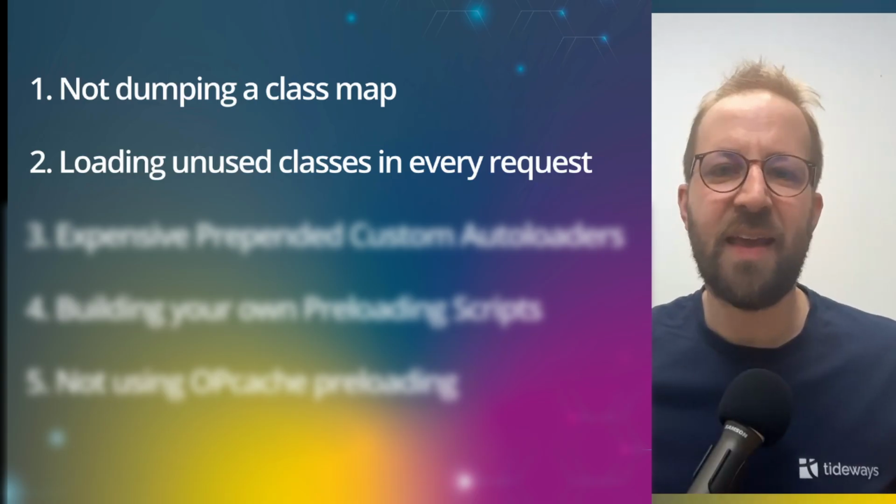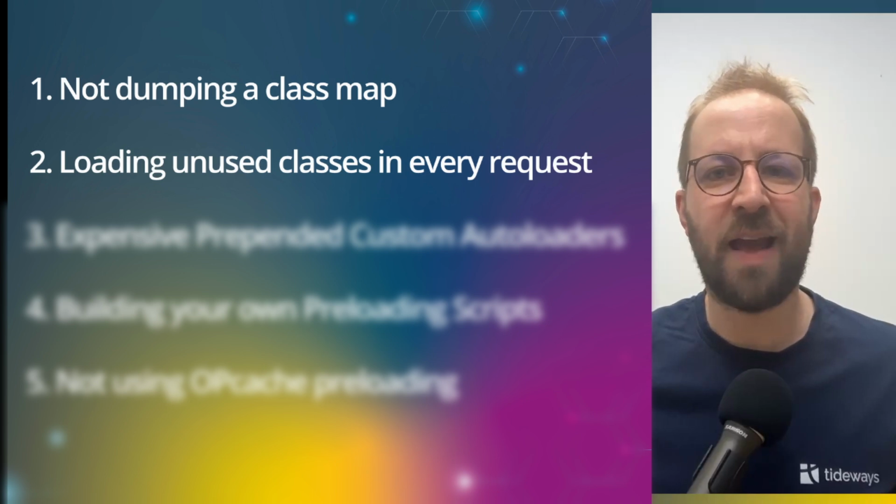The second mistake is loading unused classes in every request. The dependency injection pattern might create an object graph with a lot of dependencies, very deep, of objects that are not used in the request, but they still trigger the autoloading stack, and if the autoloader code itself is a little bit slower, then this performance hit is felt in every request, even though the classes are not used.